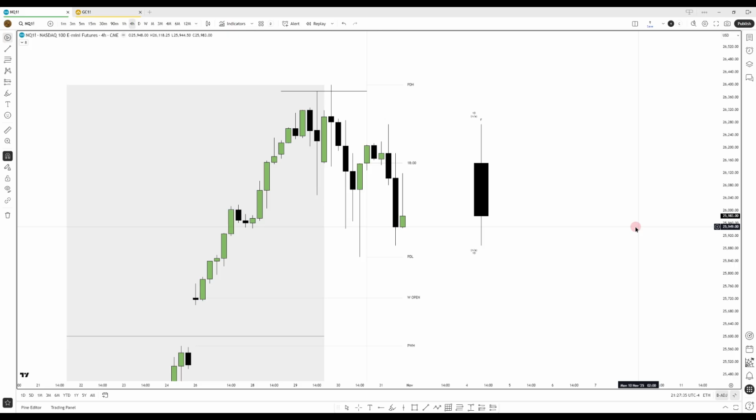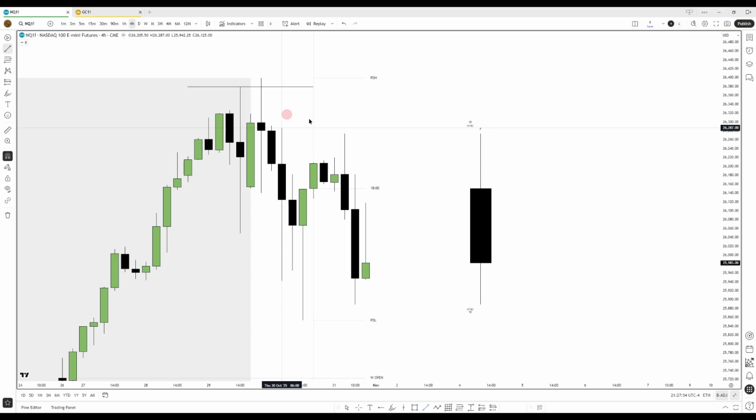Yeah, that's good too. Yeah, we have liquidity. And then what else do you see here? Swing, yeah. So at the highest point of the day, we created a swing on the 4-hour time frame. Yeah.